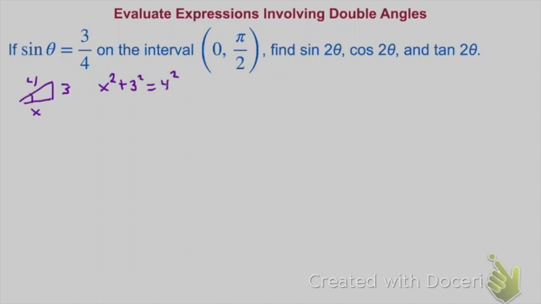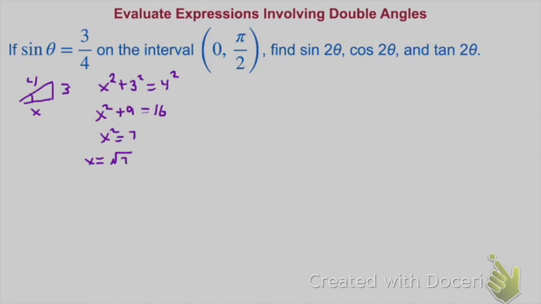Using our Pythagorean theorem, 3 squared is 9, 4 squared is 16. Subtract it off, we get x squared equals 7, and the square root of this is that x equals the square root of 7.